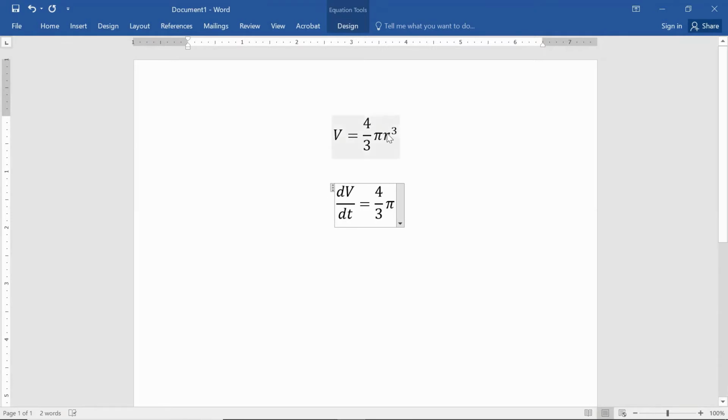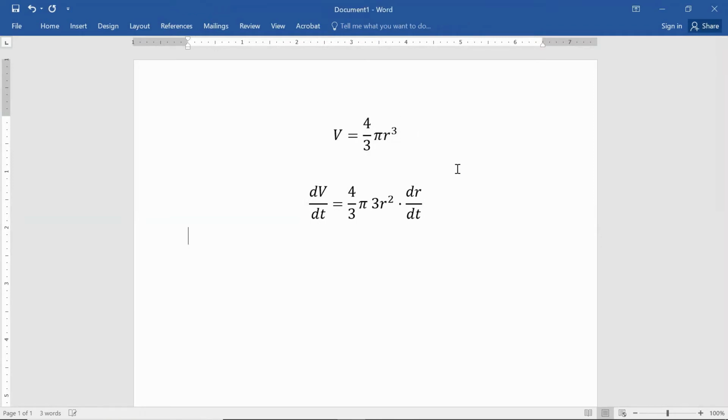And when we come across the radius cubed, since that radius is an inside function, we're going to take the 3 out front and multiply, giving 3r squared multiplied times the derivative of r with respect to time.